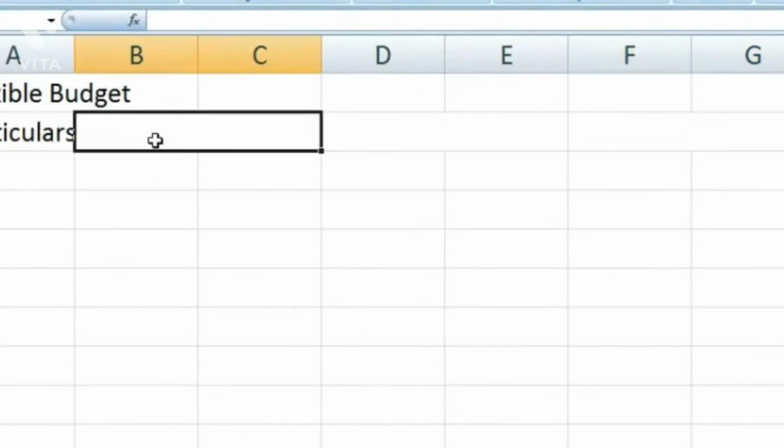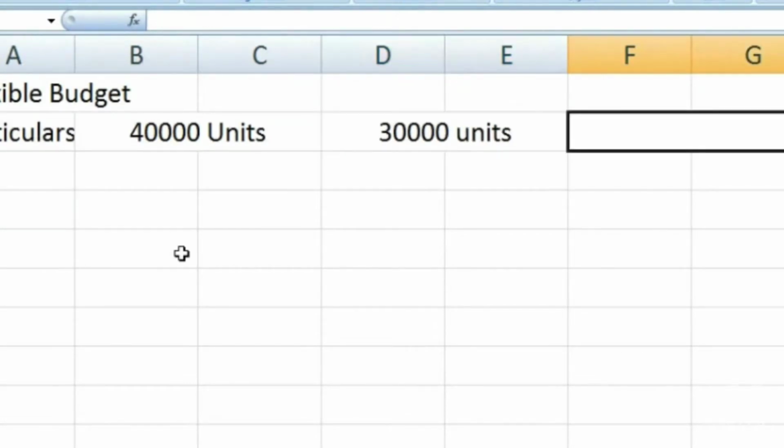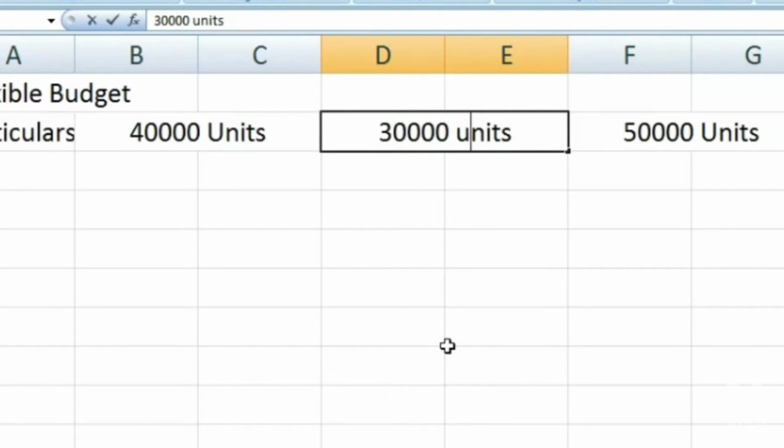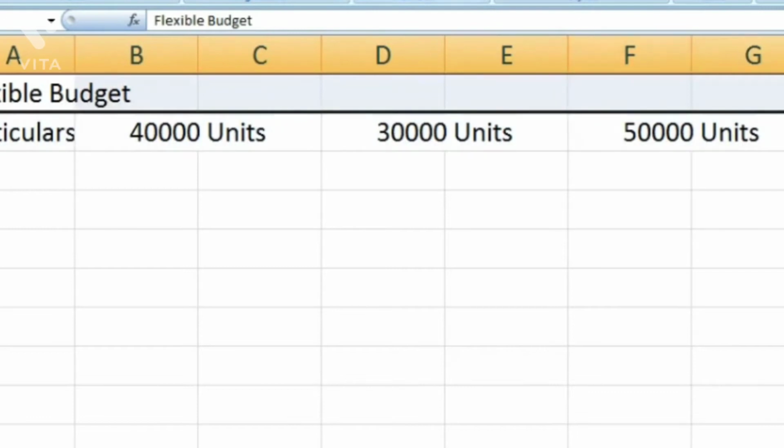So here is 40,000 units, this is the base, then 30,000 units, and here 50,000 units. Clear? We are required to prepare the flexible budget at 3 different levels. 40,000 is the base. The data is given on the 40,000 base, and you are required to prepare for 30,000 units and 50,000 units. Clear?